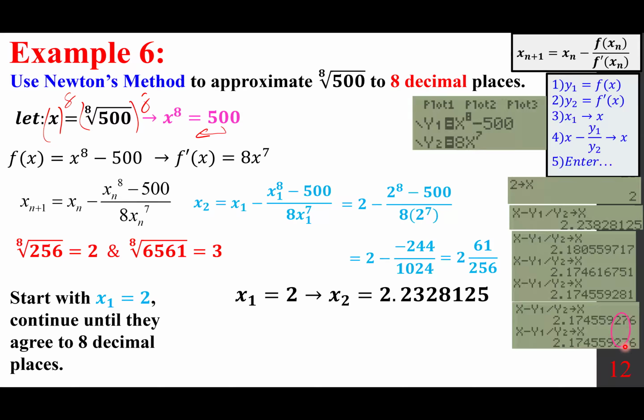Up to 8, they are identical, and we're going to stop. Because the next digit is 6, we take it up by 1 notch. And we say with 8 decimal places, we have 2.174555928. You have to absolutely justify your answer. So this is how you work with that.